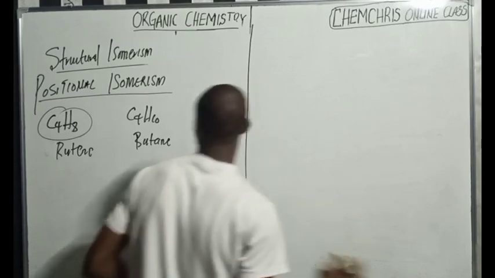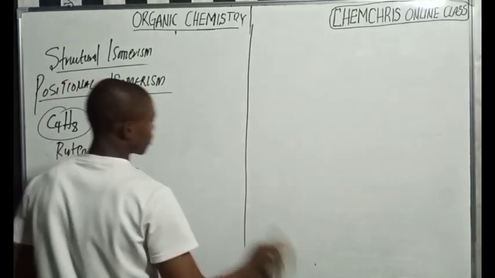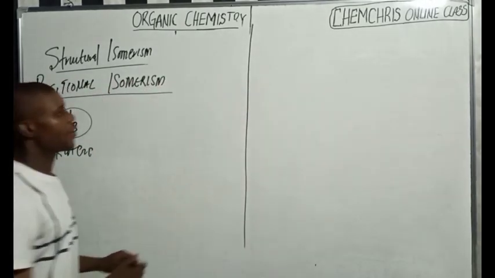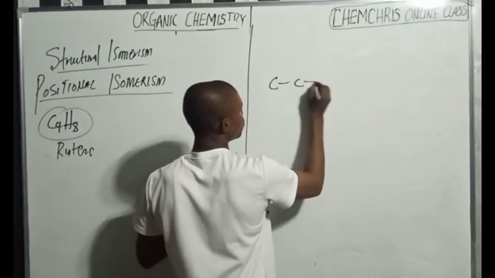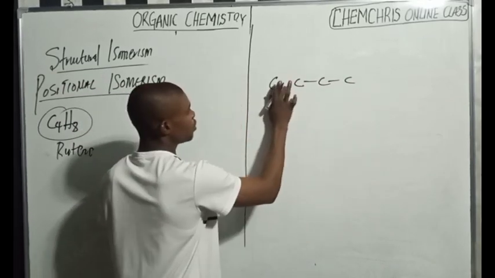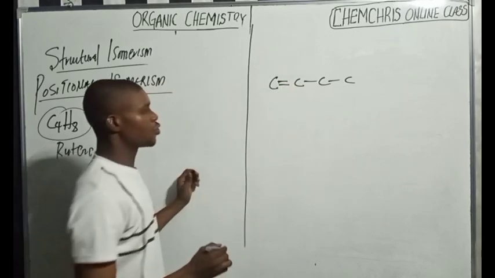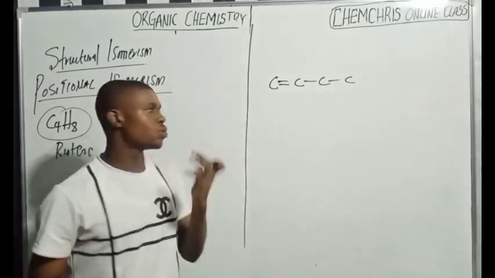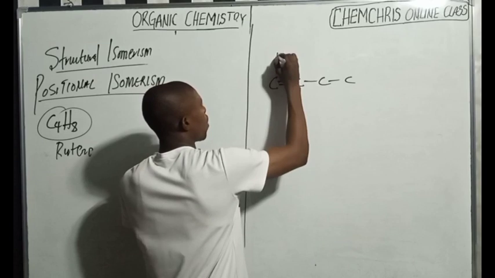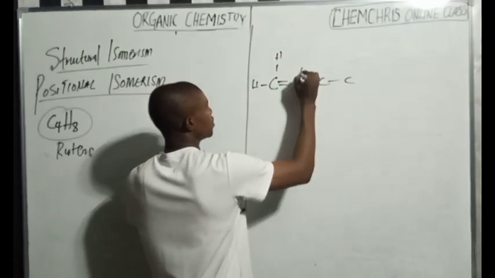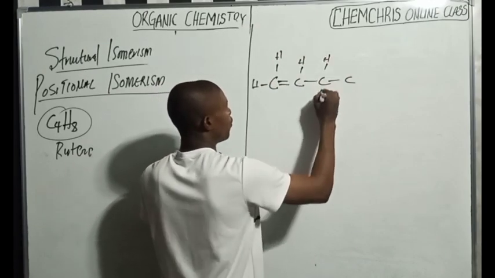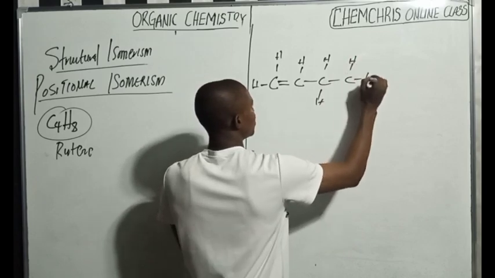So now, let's go. It's going to be 1, 2, 3, 4, right? There's a double bond. So the double bond can be between carbon 1 and carbon 2. Now let's place the hydrogen atoms: 1, 2, 3, 4, 5, 6, 7, 8.